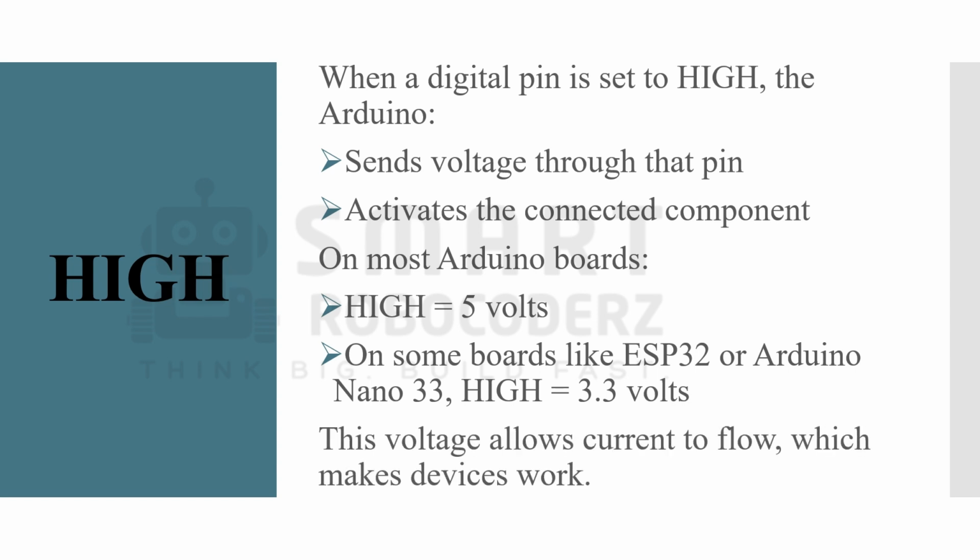This voltage allows current to flow through connected external components, enabling devices such as LEDs, relays or motor drivers to operate. Therefore, setting a digital pin to high instructs the Arduino to provide voltage at that pin, allowing connected hardware to function as intended. In digital electronics, high represents the logic value 1, indicating an on or true condition.